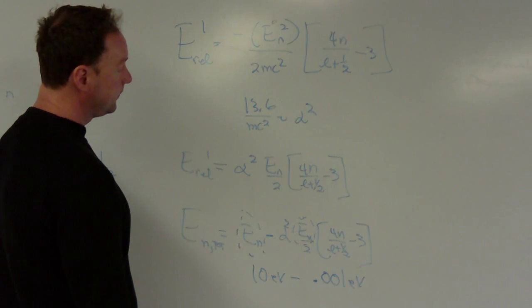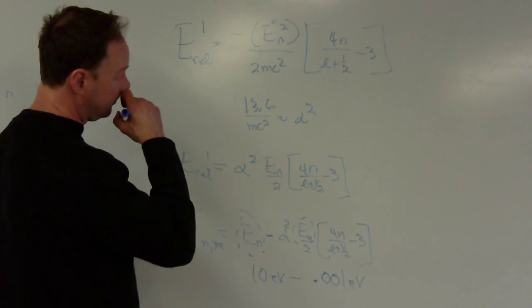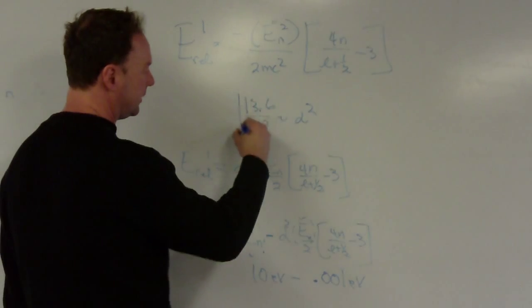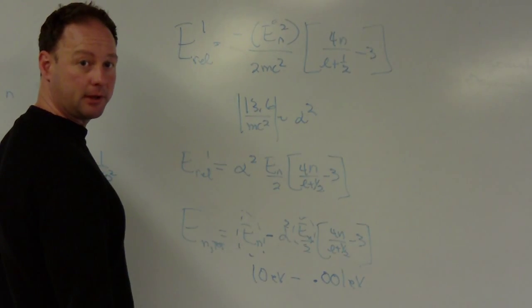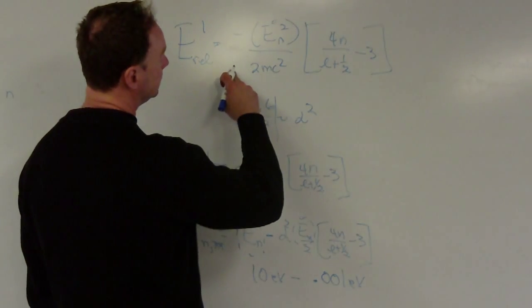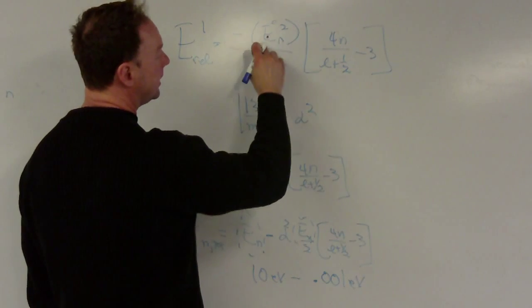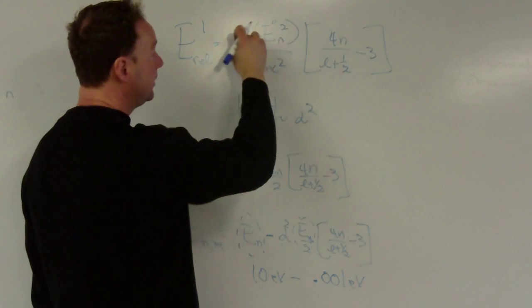It shows it drawing. I think alpha squared is kind of like the absolute value of 13.6. I think it's meant as a positive number. Well, look at the original. It's minus En squared, so this value has to be minus.